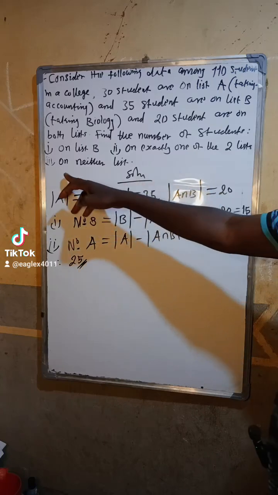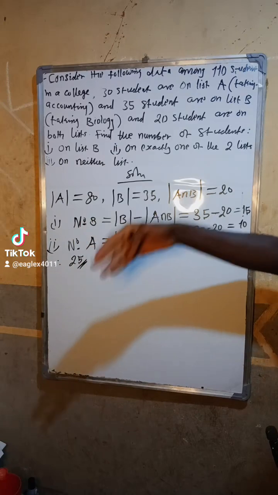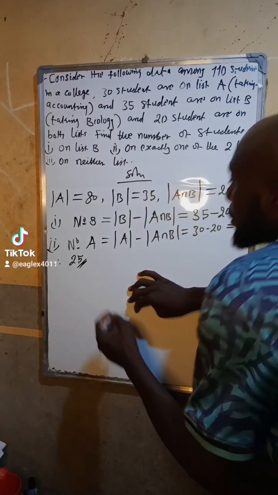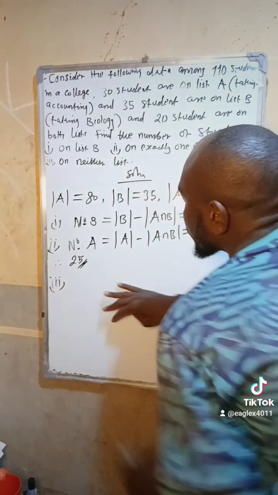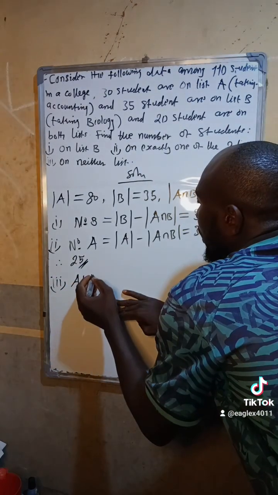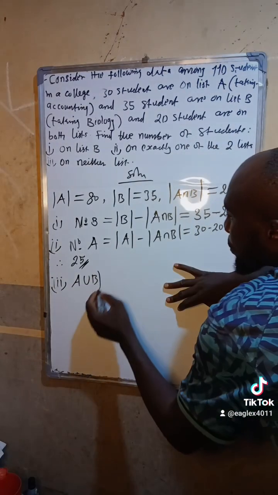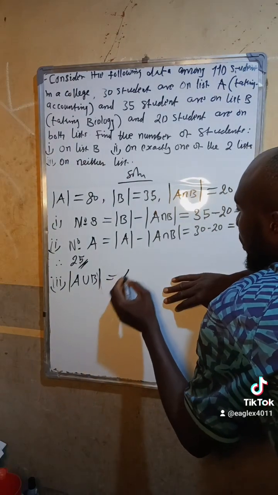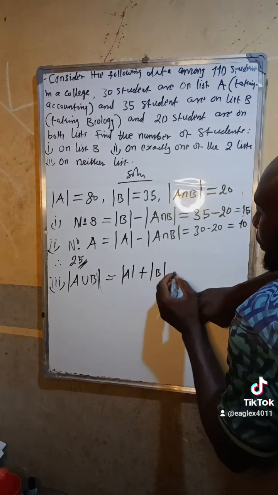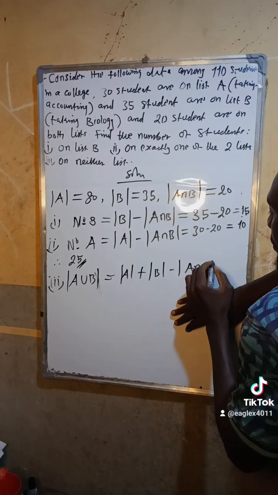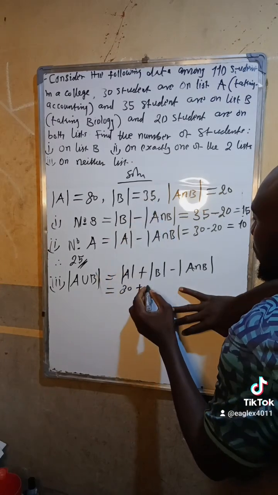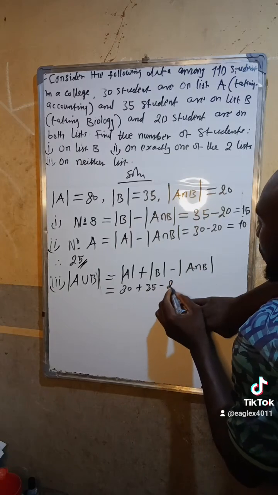And the last question here, that is question 3, find the number of students on neither list, which means neither in A nor B. Let me write it in this way: A union B is the same thing as the total number of A plus total number of B minus A intersection B. And this is the same thing as 30, our A, plus our B, 35, minus the intersection, 20.